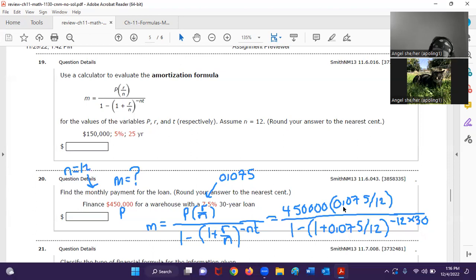Enter everything in correctly. Then the calculator spits out 3146.465. And we know that is $3,146.47. Check, check. Okay.